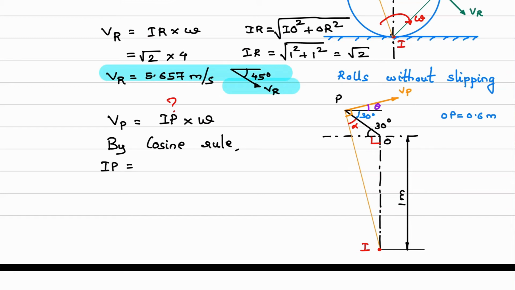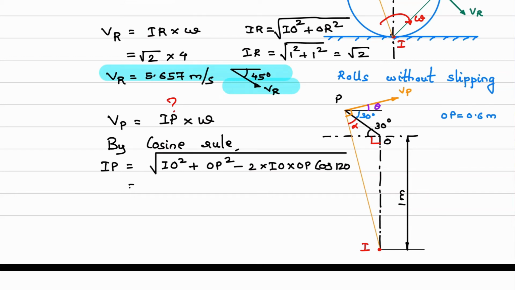IP is equal to under root of IO square plus OP square minus 2 into IO into OP cos of this angle, which is 90 plus 30, 120. Now substitute the value. IO is radius. Diameter is given as 2 meters. So 1 square plus OP, it is given in the question, 0.6 square, minus 2 into 1 into 0.6 into cos 120.